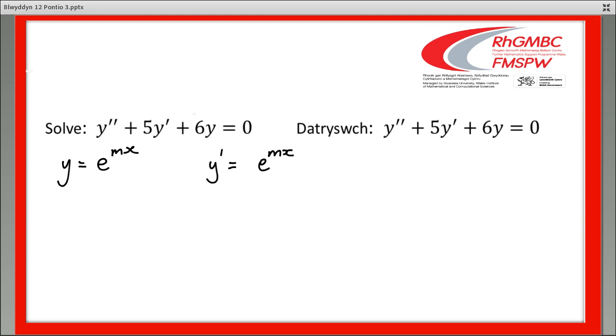There is no change. We just get that, m x, e to the mx. We then ignore the exponential part, we focus on the mx, and we differentiate that. Whatever we get is put in front of the exponential. So when we differentiate mx, we literally get m.